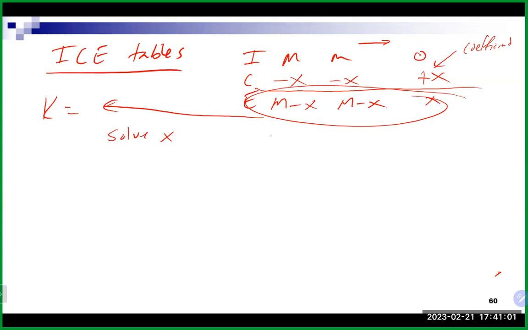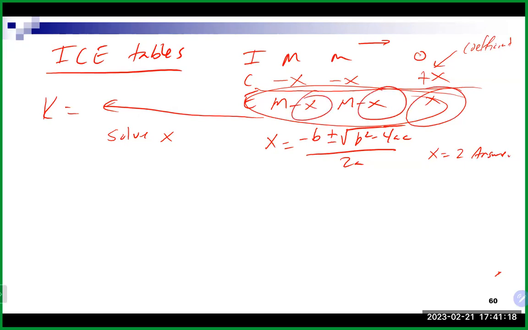And remember again that you will get 2 answers when you do this. And out of those 2 answers that you get, one of them will not make sense when you put it back into your equilibrium line. You usually will lead yourself to a negative value for the concentration, and you can't have obviously a negative value for the concentration.